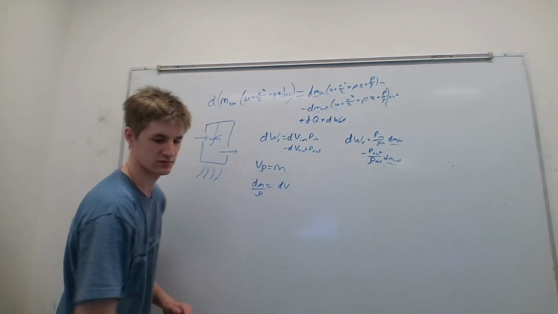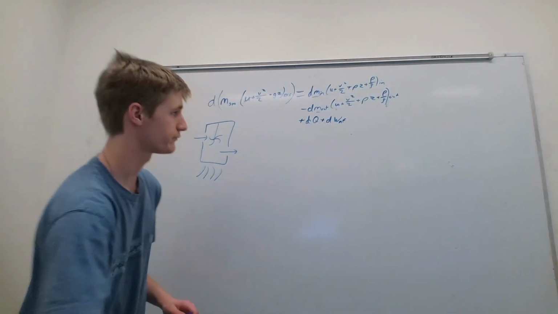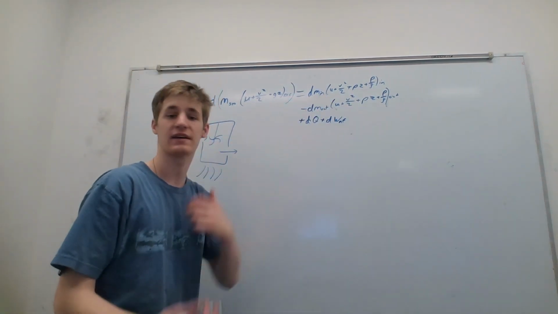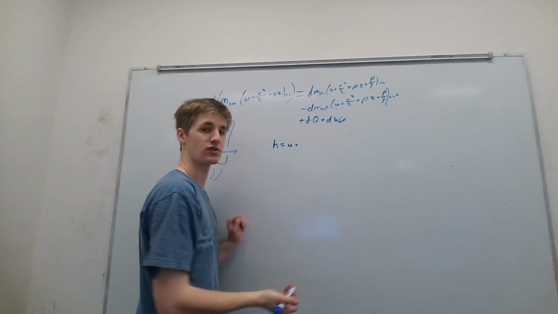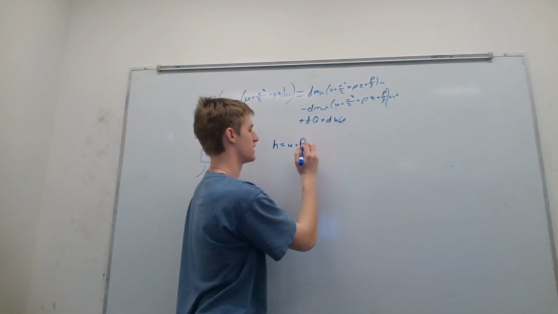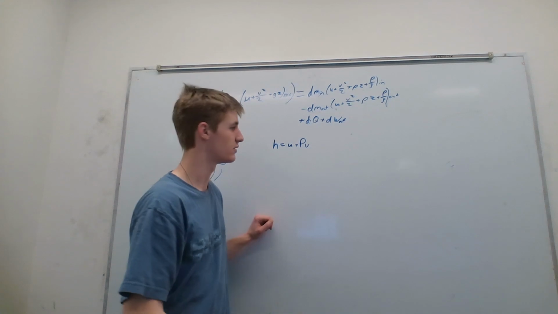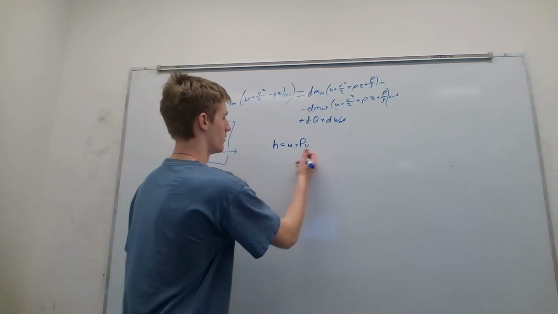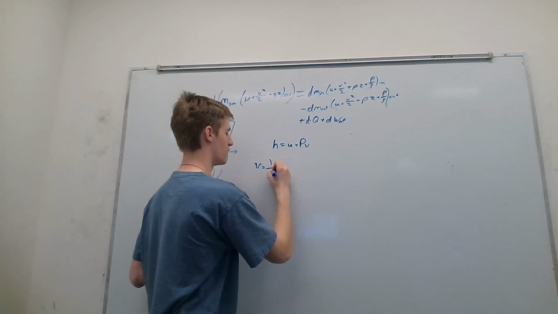Okay, so now I'm going to clear this up a little bit. The next step: if we look at enthalpy, enthalpy equals internal energy, all of these are per unit mass, plus pressure times the specific volume, because this volume per unit mass ends up being our meters cubed per kilogram. So that equals 1 over density.